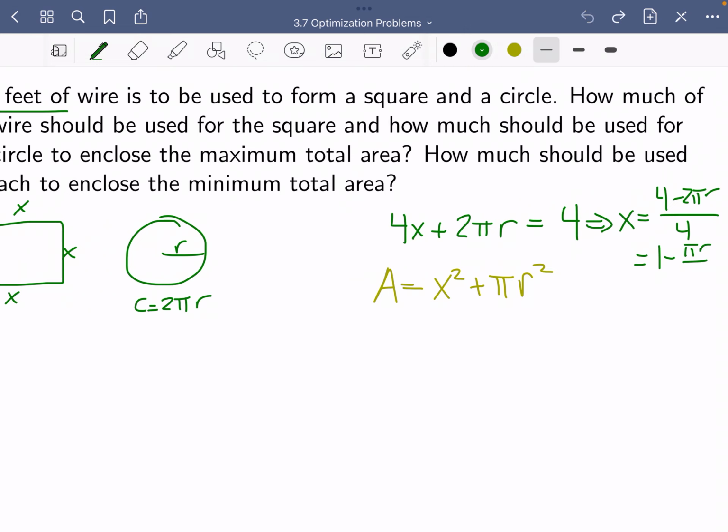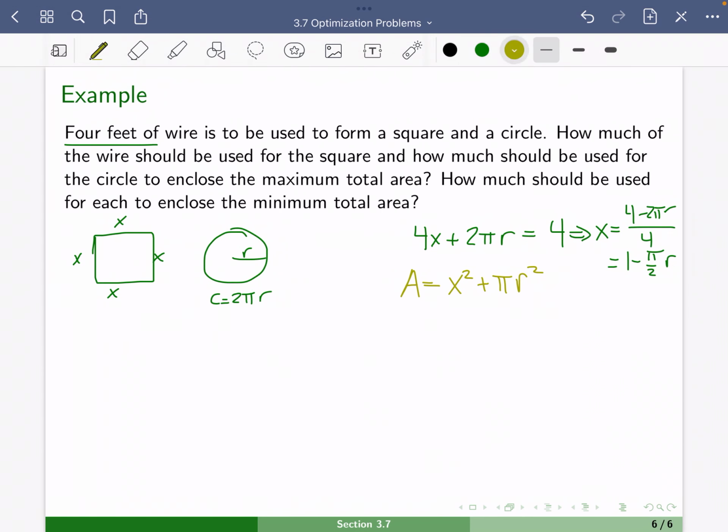Actually, let me write this as pi halves r. So the area that we want to optimize is 1 minus pi over 2 r, squared, plus pi r squared. Excellent.